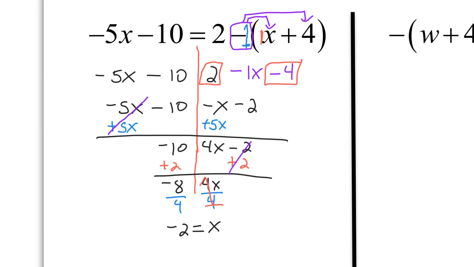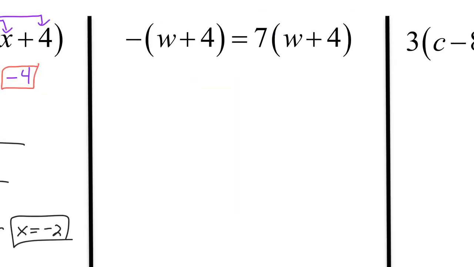I don't need that 1 next to the x. Now, there's a property called the symmetric property that tells you that you can switch the order of your answer. And it's more common to have the x on the left side of the equal sign when you have your answer. So this negative 2 equals x can be x equals negative 2 as your answer.